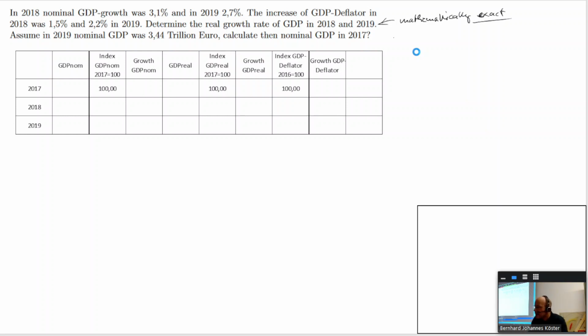The first very hard thing is there are some given numbers. Where can I put the given numbers in my task?